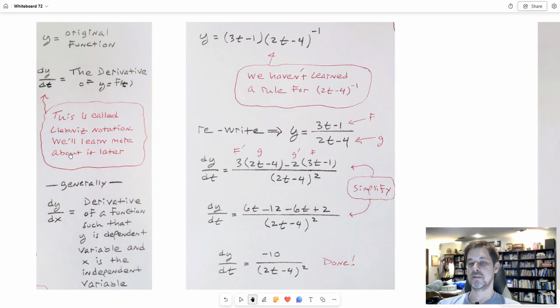So that's called Leibniz notation. It's something we'll use a lot more as we go throughout the semester. Real quick, I'm using these terms dependent and independent variables. All a function is, you put a number in, you get a number back out. The input, the number you put in, is the independent variable, and the output, the number you get back out, is the dependent variable. That's how I'm using those terms.